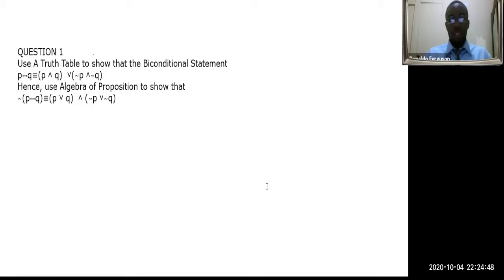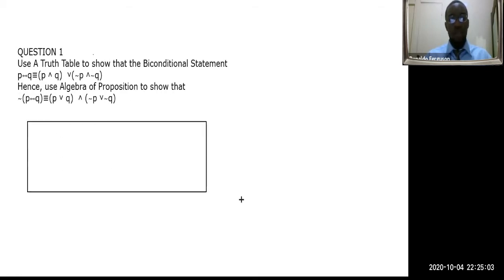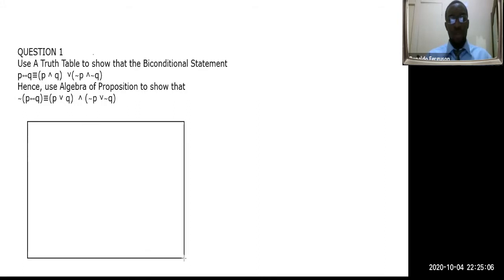So let's construct our truth table. Then it says, hence, use algebra of propositions to show that the negation of this statement is equivalent to this statement. So we're going to do part A first, using the truth table.